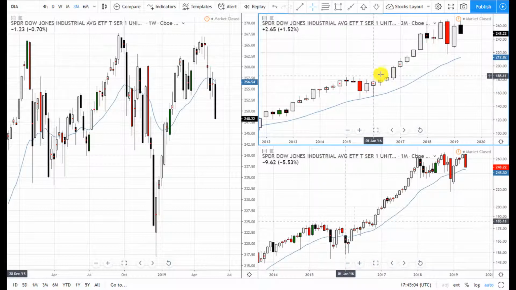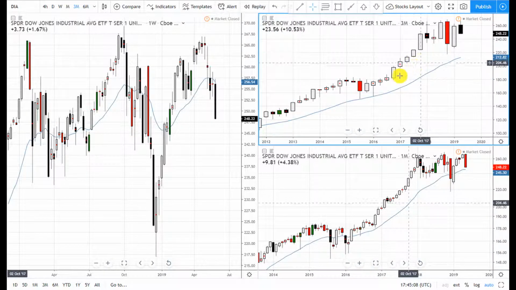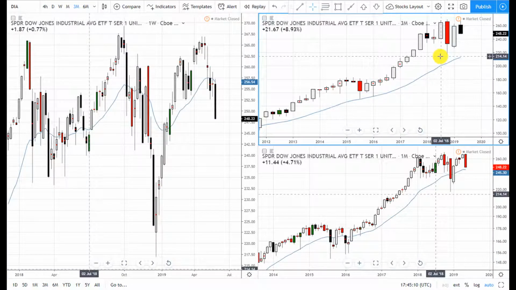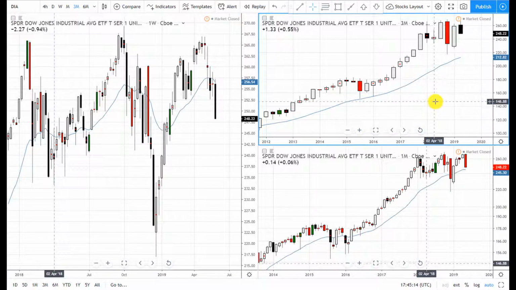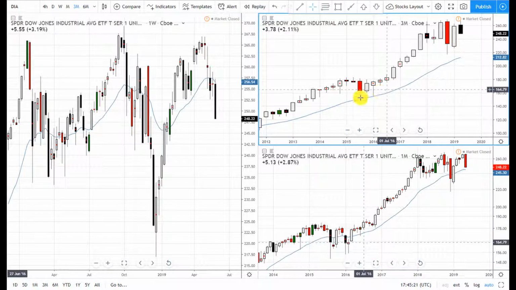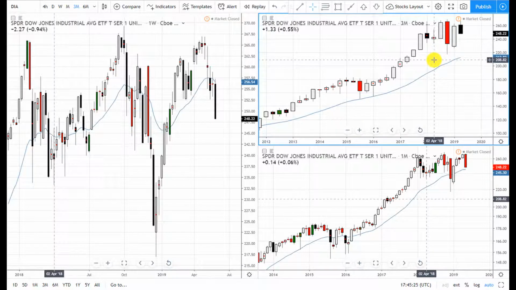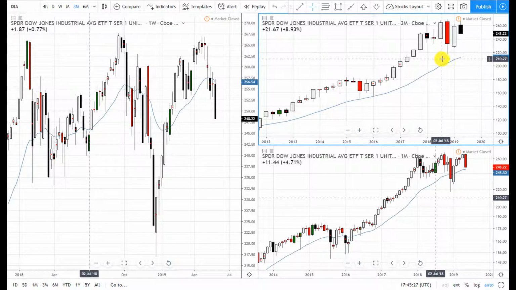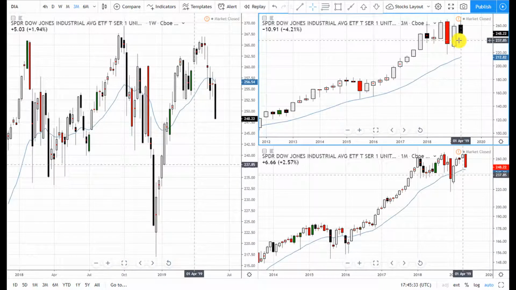But the long term charts can show you where the big banks are buying and where they're selling, whether or not it's an uptrend indefinitely or if it's showing signs of weakness. So let's take a look at the 3 month chart here first. We see that price has been increasing up to April 2018, and then in October 2018 it made a big drop and then it rallied up again.